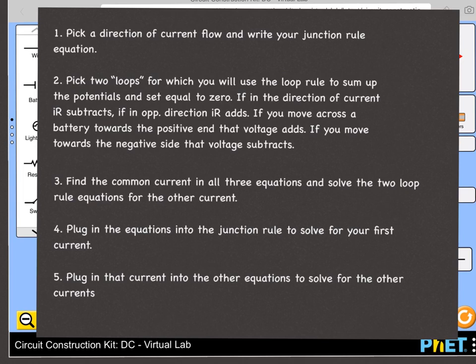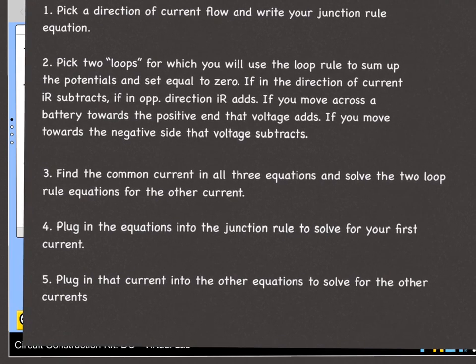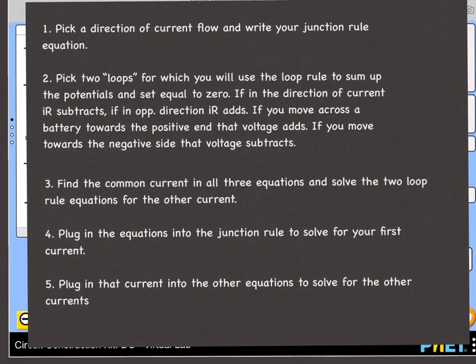You'll plug that current back into the loop rule equations to solve for the other 2. All right, so make sure you write that down, follow this as you work on the problems, and once you almost memorize the procedure, you'll get a lot quicker at solving these problems.